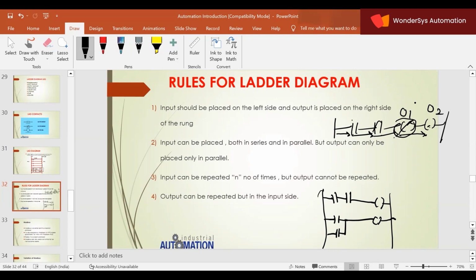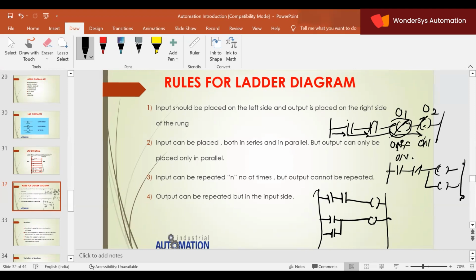But according to my program condition, this has to be on for the given condition, yet it is in the off state. Until this gets on, this cannot be made on. Therefore, we cannot connect the output coil in series connection. There we have to always connect them in parallel connection. Understood?